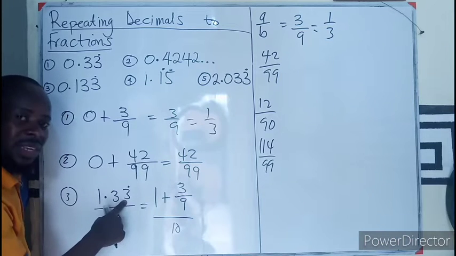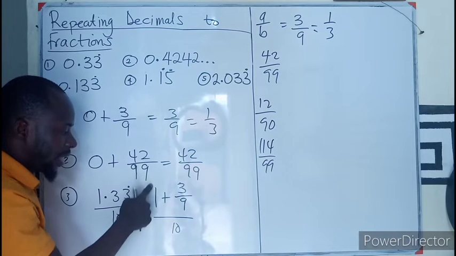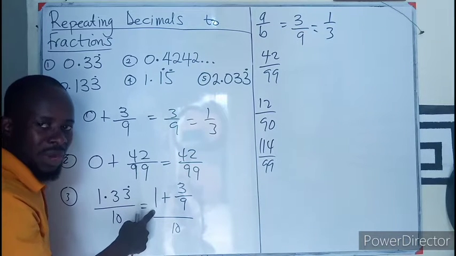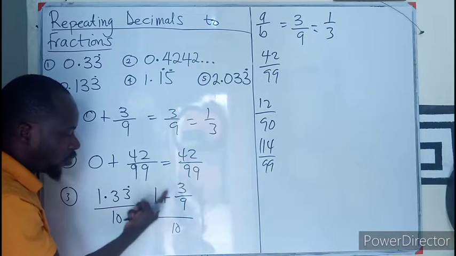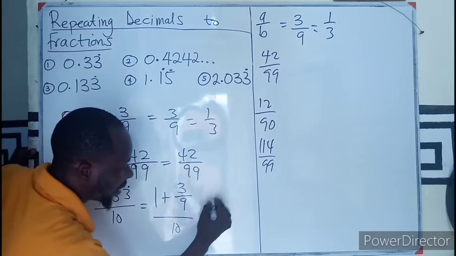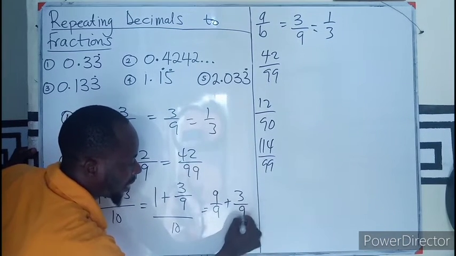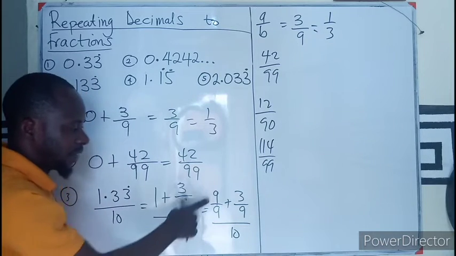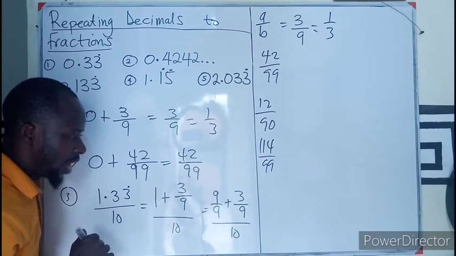And this is a fraction, 3 over 9. I know this 1 is going to be 1 over 1. It is still what? 1. So I'll use this 9 to multiply the numerator 1, the denominator 1. So I'll be having 9 over 9 plus 3 over 9, all over 10. Don't forget, 9 over 9 still remains 1. No change in our fraction.